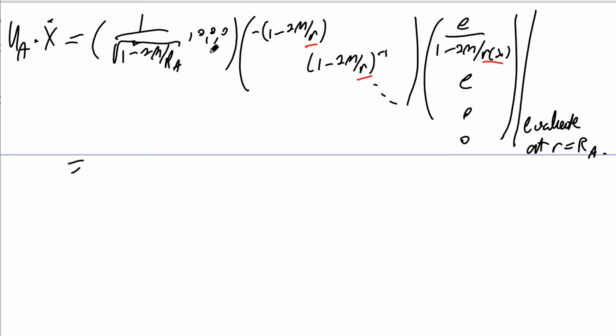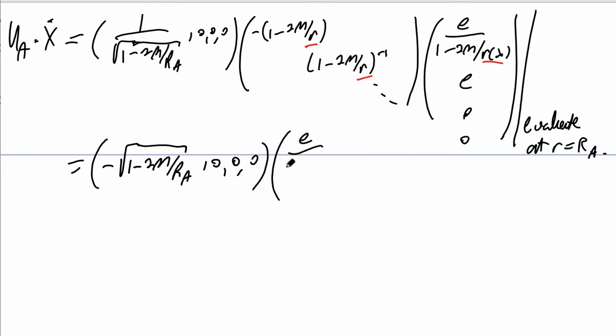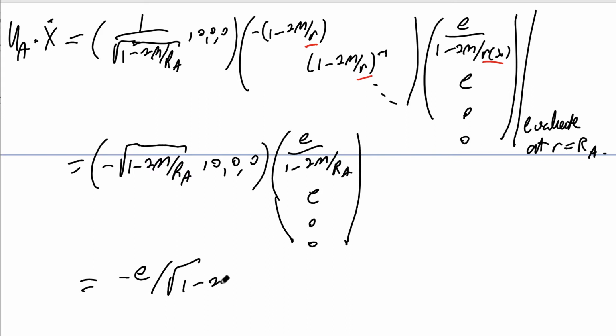So simplifying this, multiplying the first two factors together, we have minus square root of 1 minus 2m over r sub a, comma 0, 0, 0, times this vector, e over (1 minus 2m over r sub a), e, 0, 0. And then that equals minus little e divided by the square root of 1 minus 2m over r sub a.